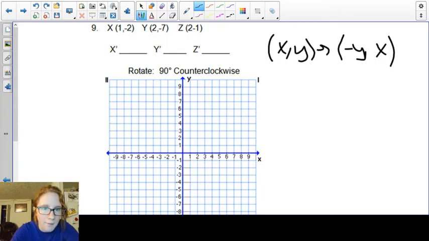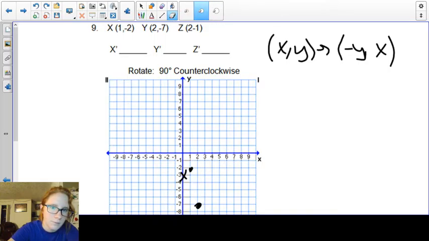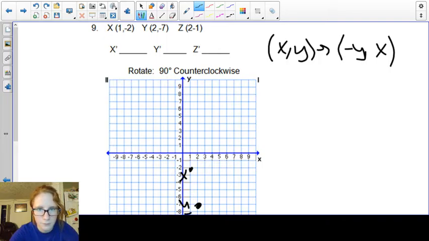So we have X at 1, -2. 2, -7 for that Y. And 2, -1 for that Z.